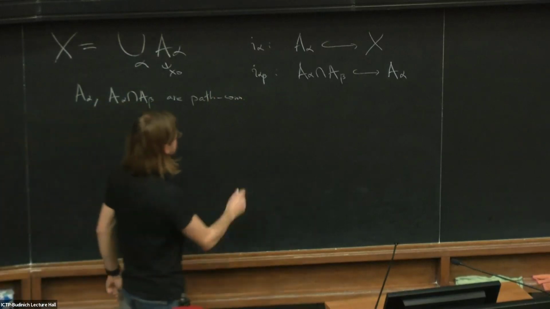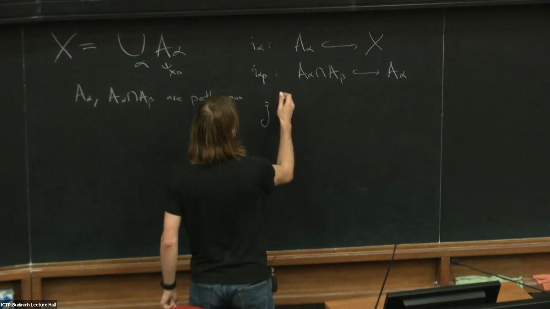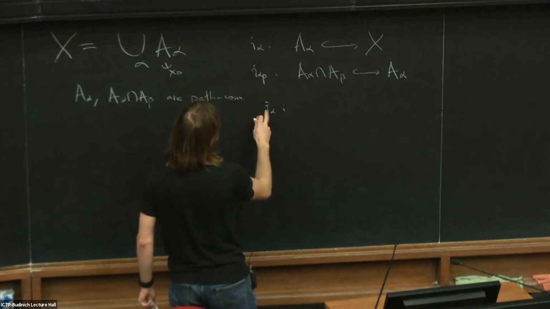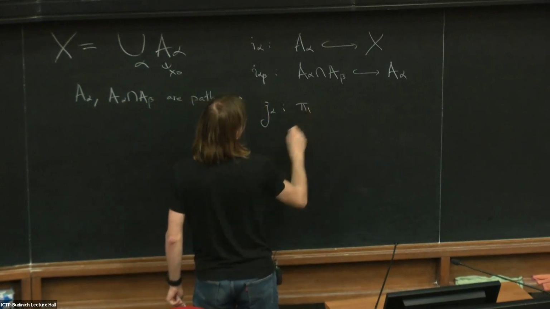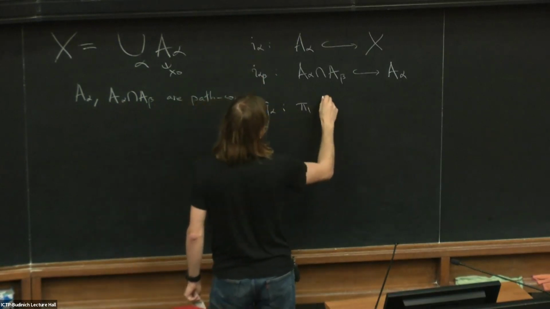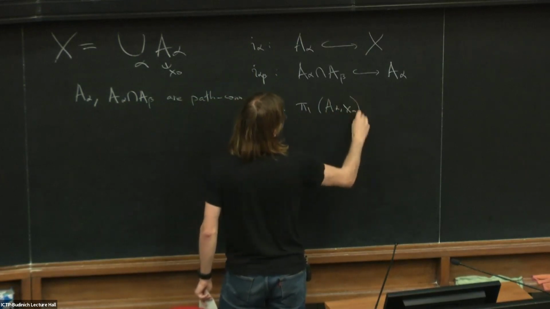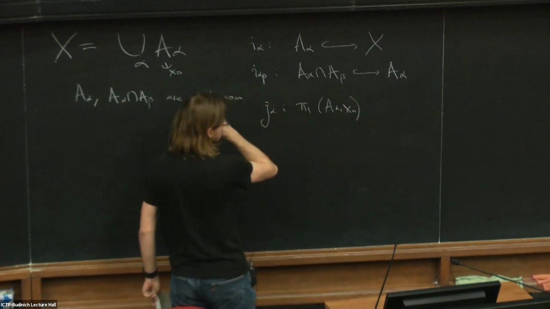Then by corresponding J, J alpha will denote the corresponding push forward of I alpha, which will be mapped from pi1 of A alpha. The base point will be everywhere x0.